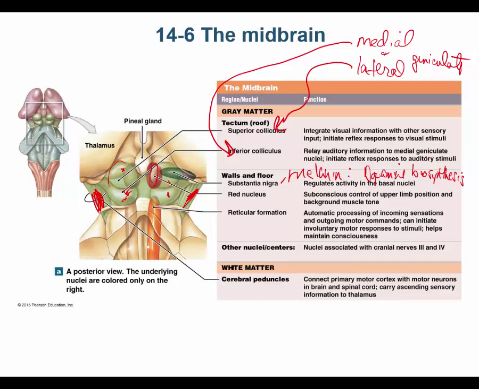So then you do not inhibit unwanted muscle contractions. And by the way, the basal nuclei aren't only involved in inhibiting unwanted muscle contractions, they're also involved in fine motor control and some subconscious motor control as well.